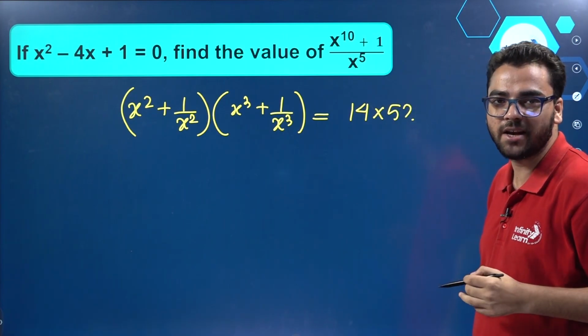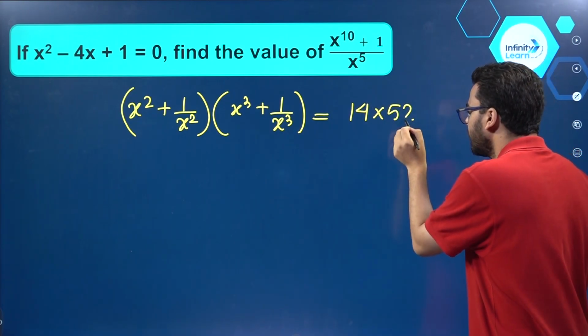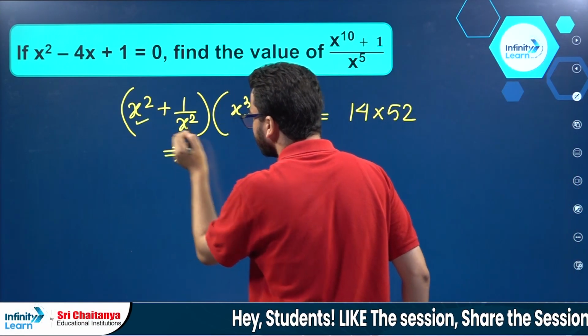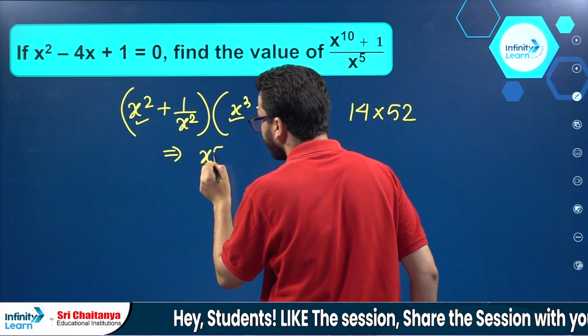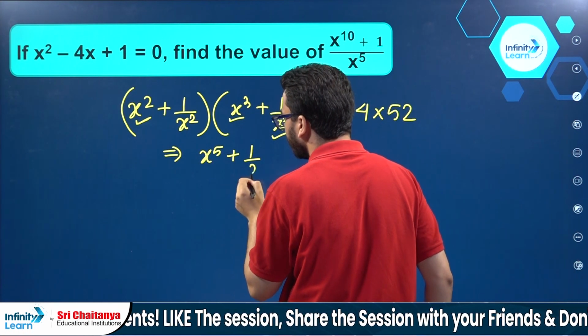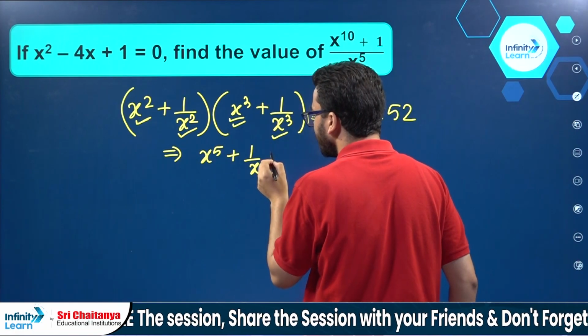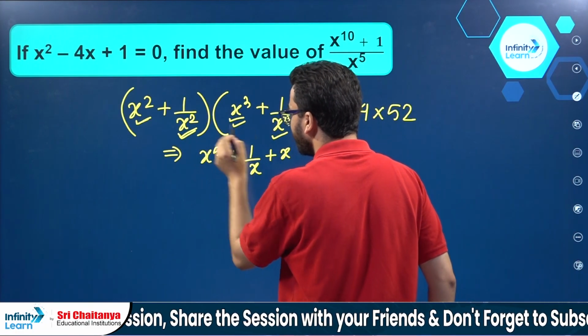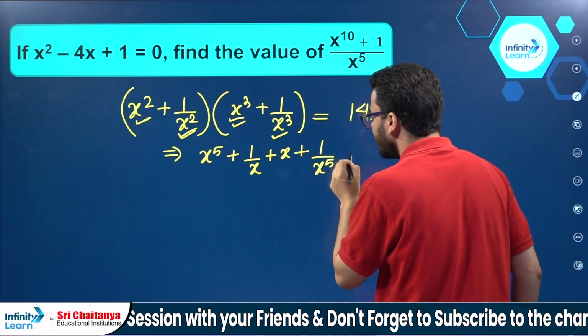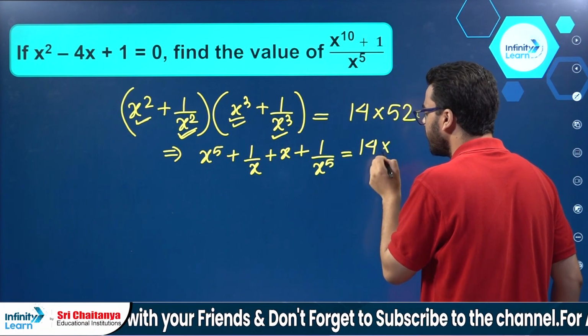I'm just explaining the logic behind that. Now if I open up the bracket, this into this is x raised to the power 5. This into this is 1 by x. Then this into this is x. Then this into this is 1 by x raised to the power 5. And that is equal to 14 into 52.